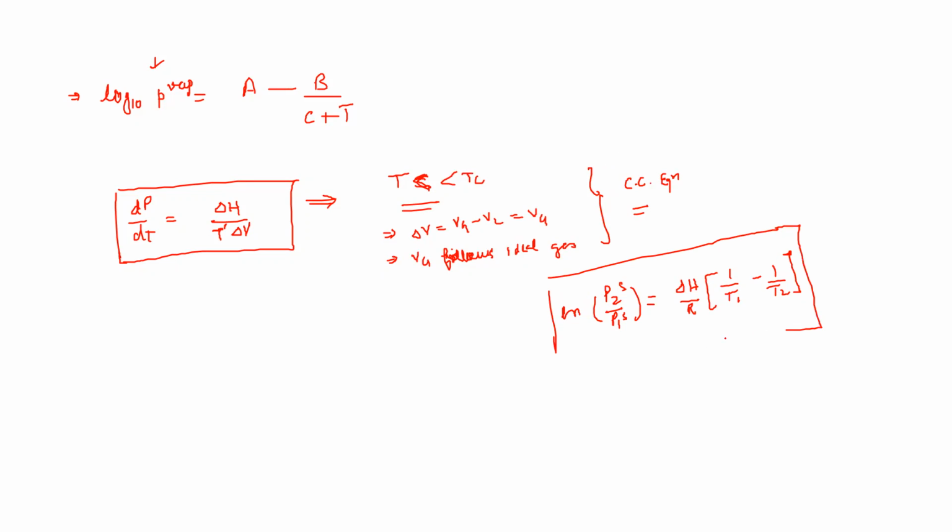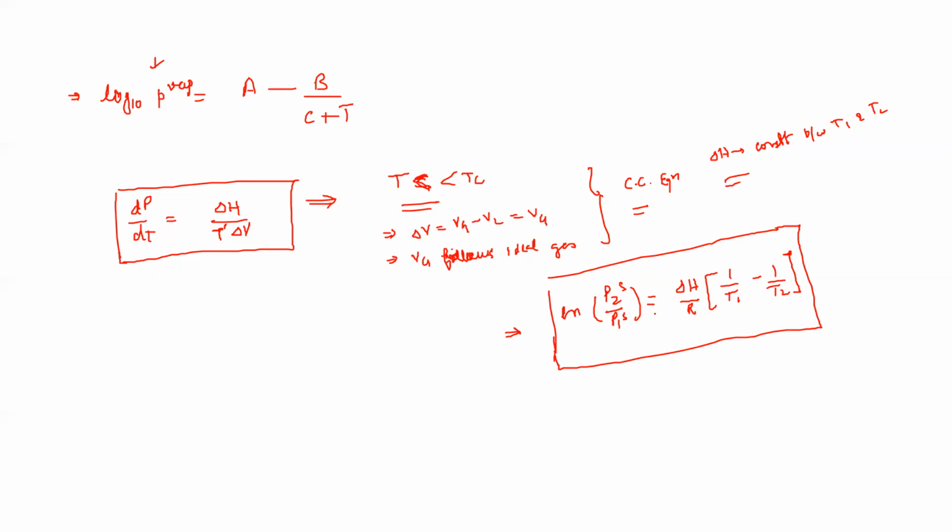This basically tells you the relation between saturation pressures at different temperatures, so that is very important. If it is assumed that the enthalpy of vaporization is constant between T1 and T2, then we can find the enthalpy of vaporization by relating the saturation pressures and saturation temperatures according to this equation.